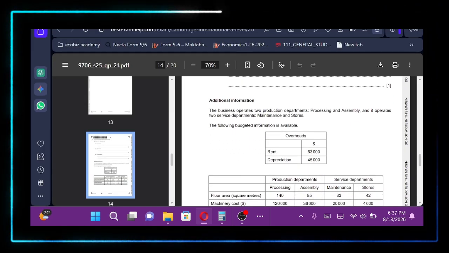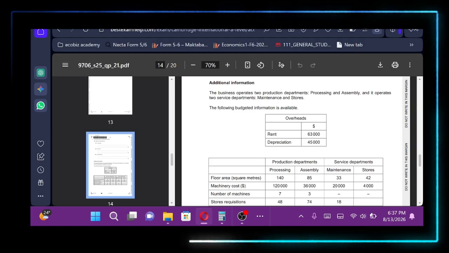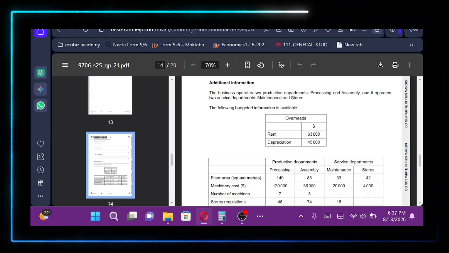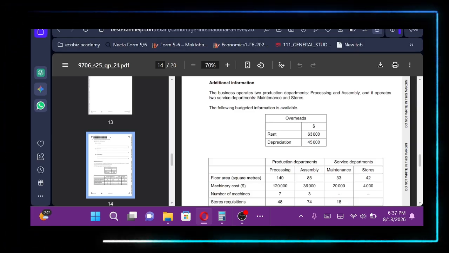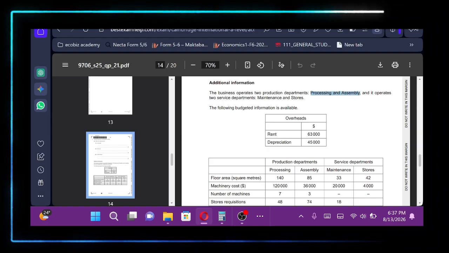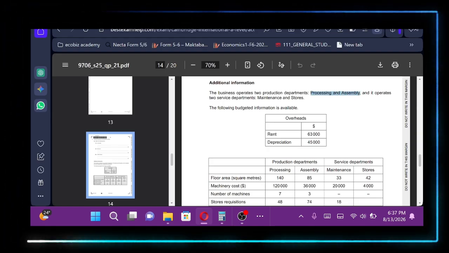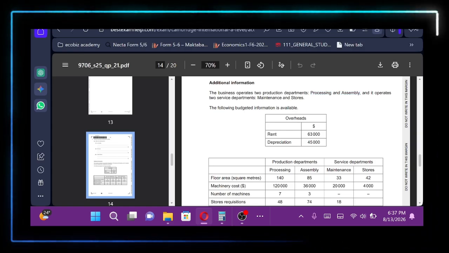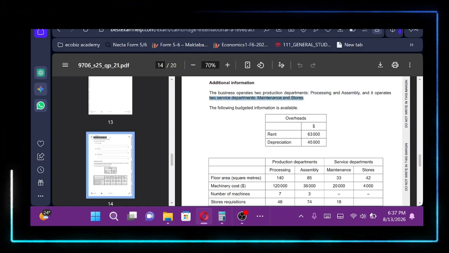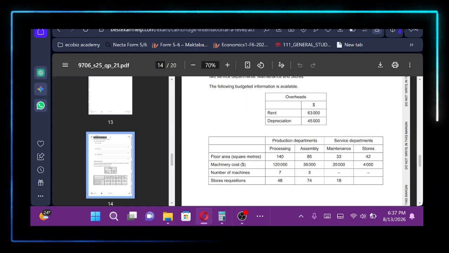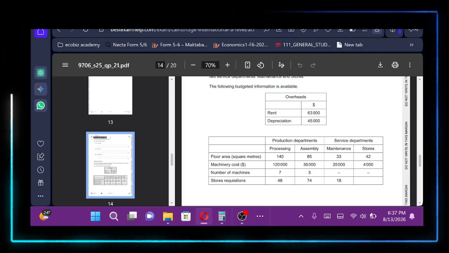Okay, next part says additional information. The business operates 2 production departments, we have processing and assembly, and it operates 2 service departments, maintenance and stores. The following budget information is available.